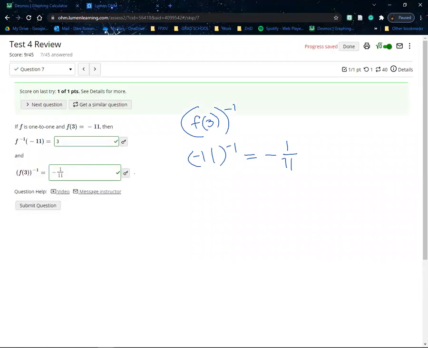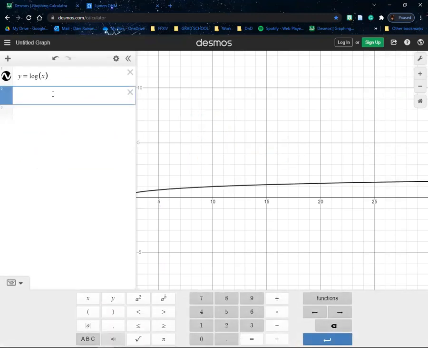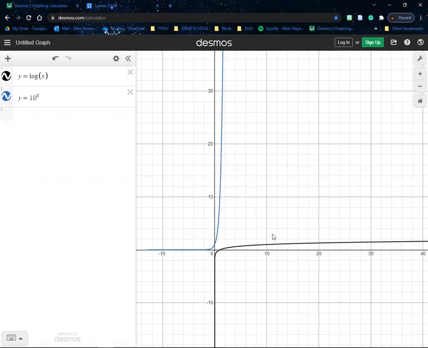Okay. Remember, super important. The whole big thing about inverses is that they're switched. If I was looking at, and I'm going to clear this, y equals log x versus y equals 10 to the x, I gotta zoom out.